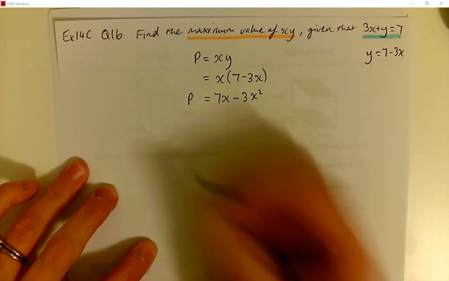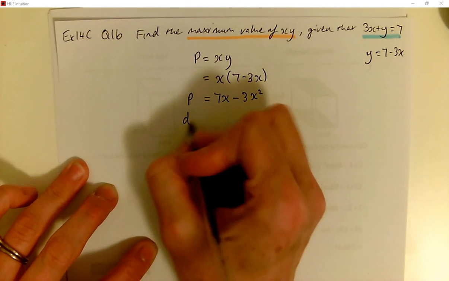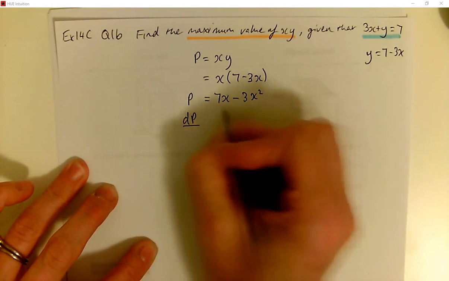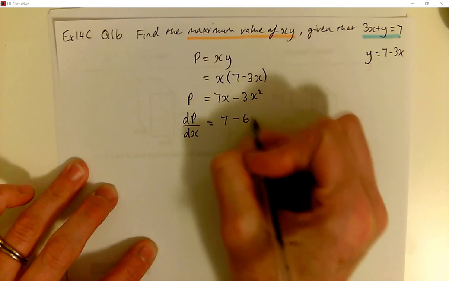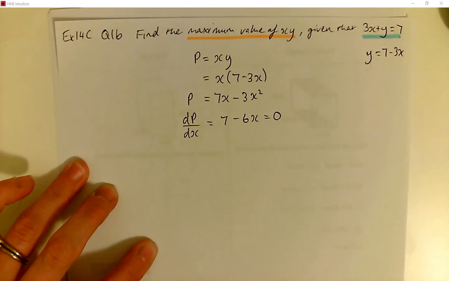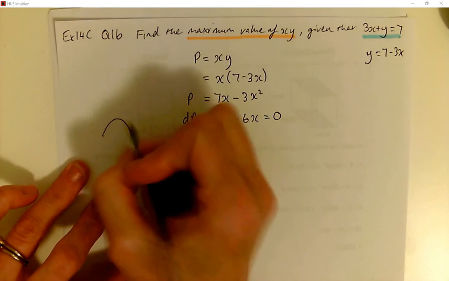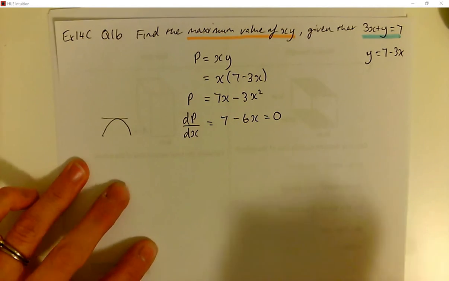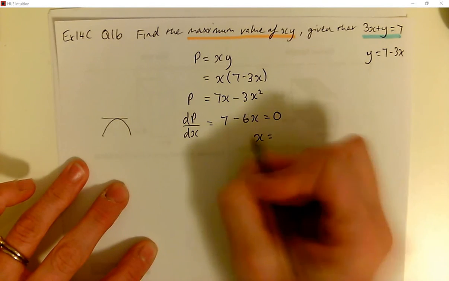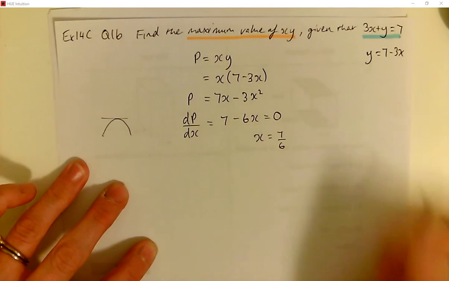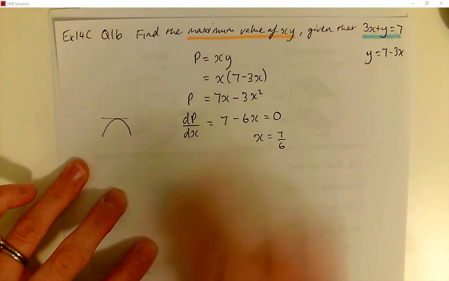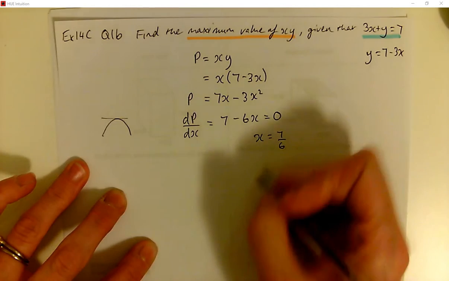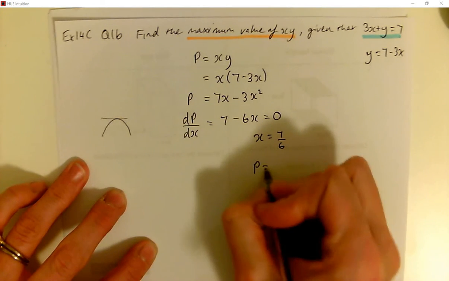Let's put that in a nice format for being able to differentiate. So to maximize the product, we differentiate the product with respect to our variable x, and we set it equal to 0, because that's what happens at a maximum. The gradient is 0. And so that gives us that x is going to be 7 over 6, and that means that we want to find the maximum value of xy. We could work out y, or we can just pop straight into our product.